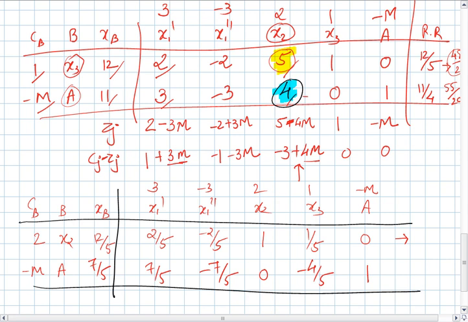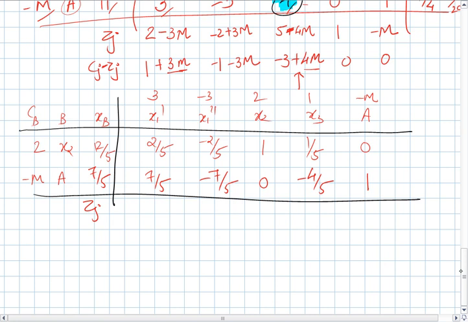Now we have to calculate Zj. To calculate Zj, again what we have to do is multiply 2 with 2 by 5 and minus m with 7 by 5 and add them up. So 2 times 2 by 5 is 4 by 5, plus minus m times 7 by 5, so minus 7 by 5 m.